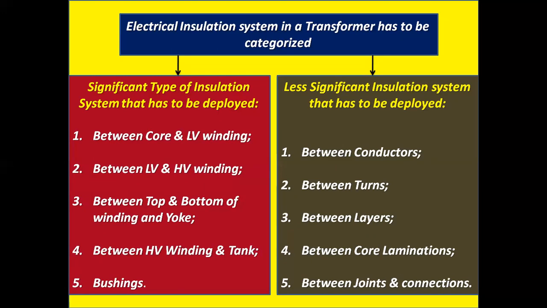Number five, bushings. Less significant insulation system that has to be deployed. One, between the conductors, between the turns of the windings, between the layers, between core laminations, between joints and connections.